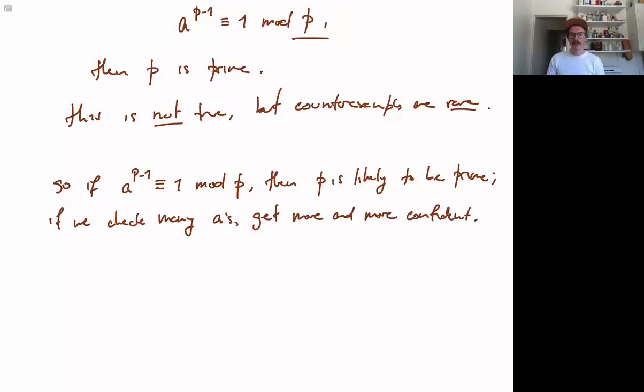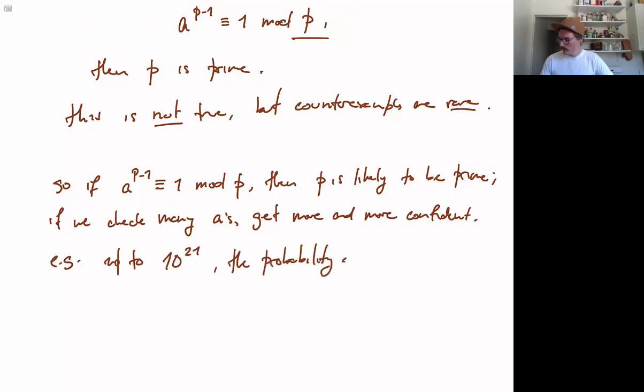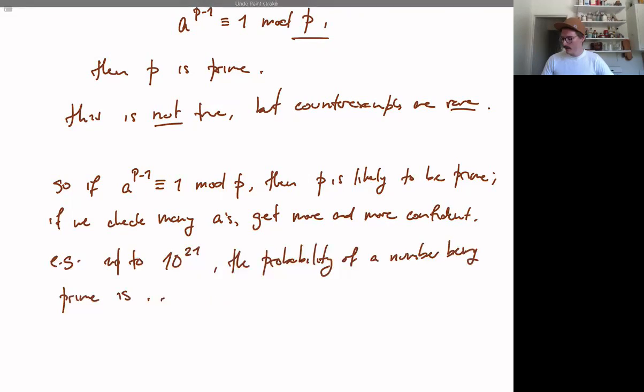And just to put some actual numbers on this, what do I mean by confident? So for example, up to 10 to the 21, the probability of a number being prime is, how would you find this? A little callback to a couple days ago.